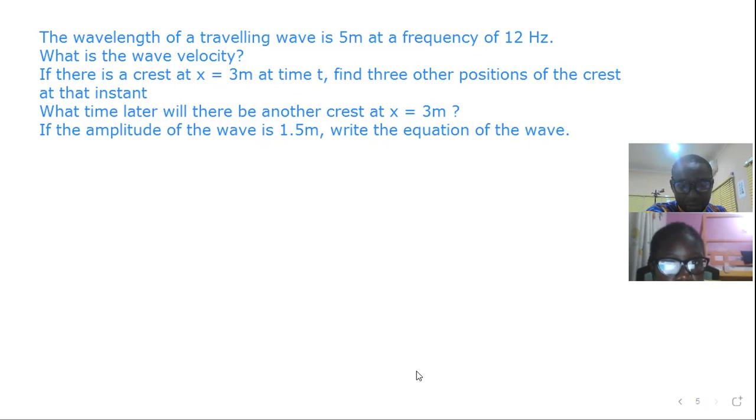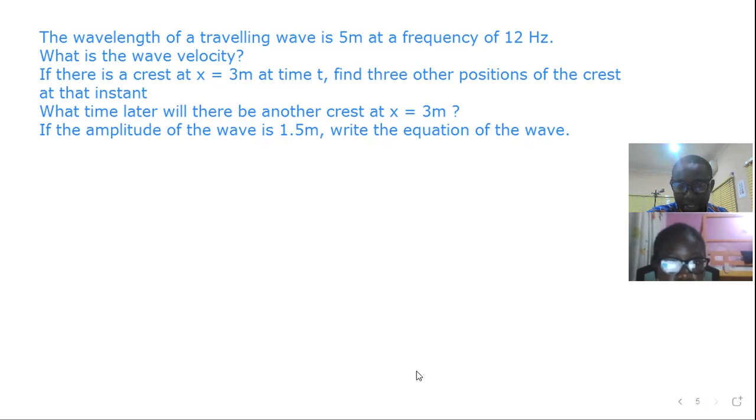So from this now, the equation, what is amplitude? One point five. You said 1.5 meters. Okay, amplitude is 1.5. That will be 1.5 sine 2 pi over lambda, lambda is 5, in brackets. We could just use Vt minus x.